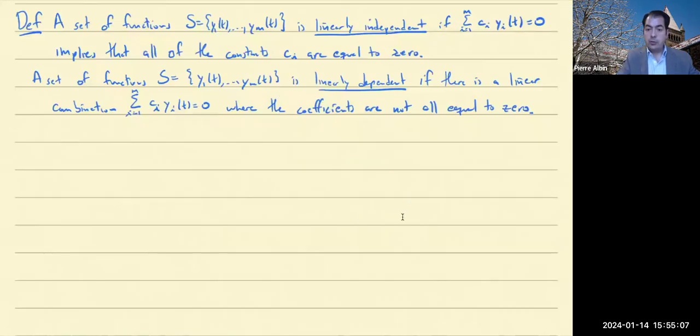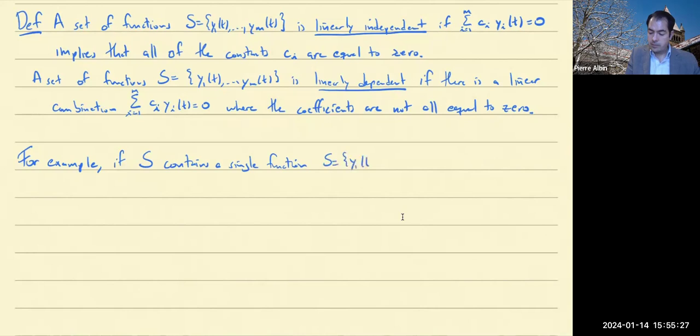So for example, if S contains a single function, then S is linearly dependent if y1 of t is equal to 0 for all t.